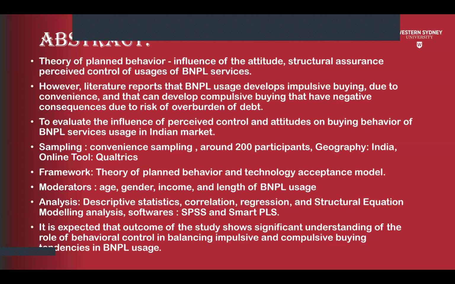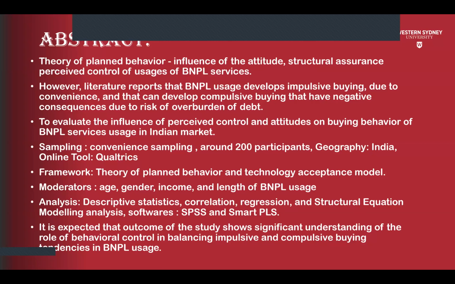So as it's a convenience sampling, theory of planned behavior and technology acceptance model are used to explore the determinants of BNPL usage. This study will be using moderators like age, gender, income, and length of BNPL usage to further explain the usage here. The data will be collected through online survey platform Qualtrics.